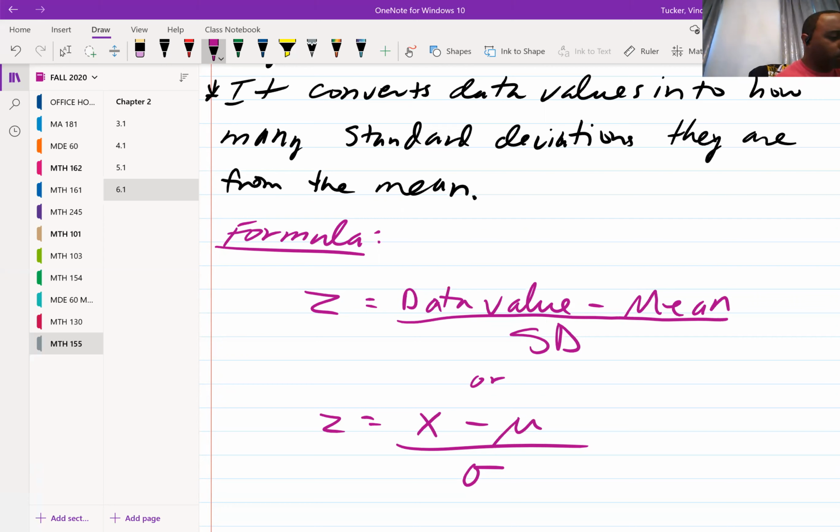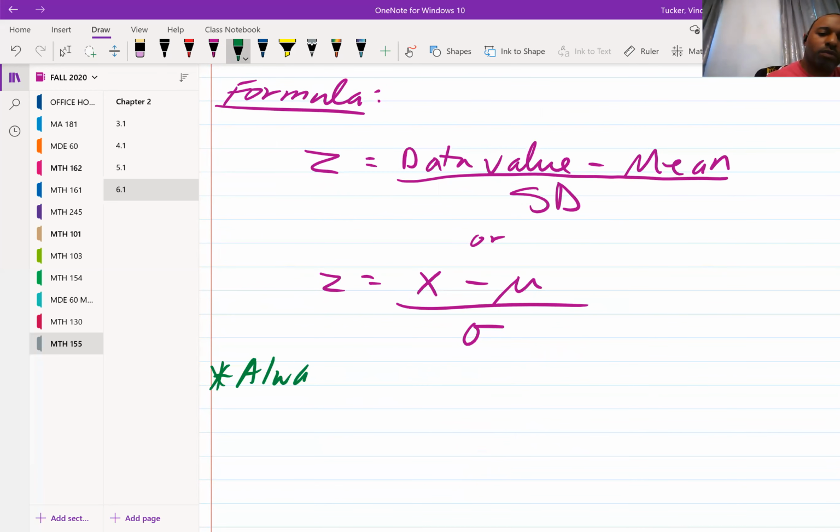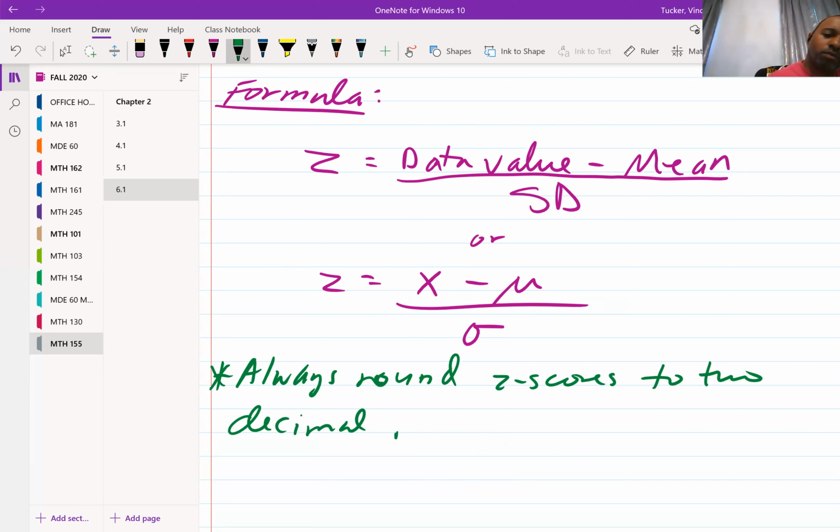You guys should have a z-score chart with that, page 2. And we're always rounding z-scores to 2 decimal places.